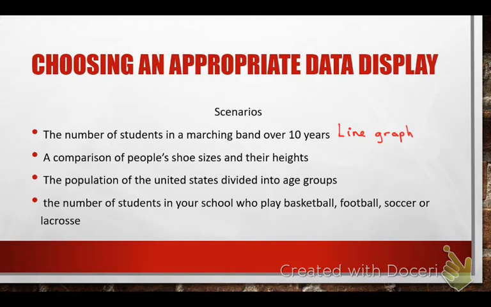How did I know it was going to be a scatter plot? How many categories do I have? 2 categories, and it's a comparison. So what I'm looking for is, is there a relationship? When I'm comparing things, I'm looking to see how they're related. As height increases, what do you think is going to happen to shoe size? It's going to increase, right?